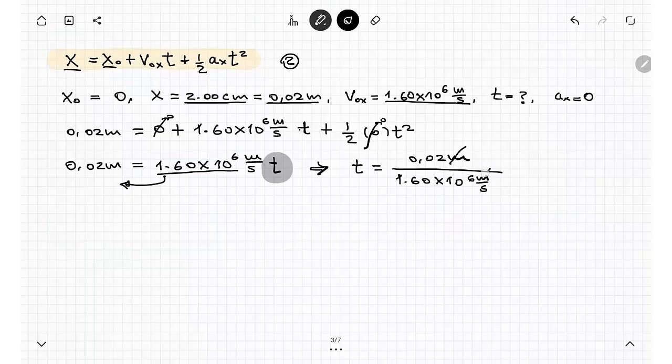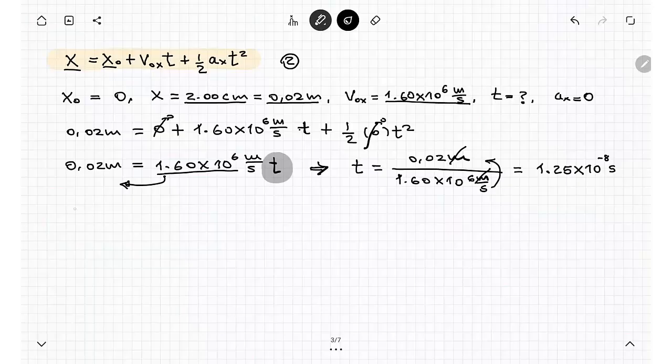This meter cancels this meter, and this second goes to the numerator of this expression, and this is equal to 1.25 times 10 to the minus 8th power seconds.